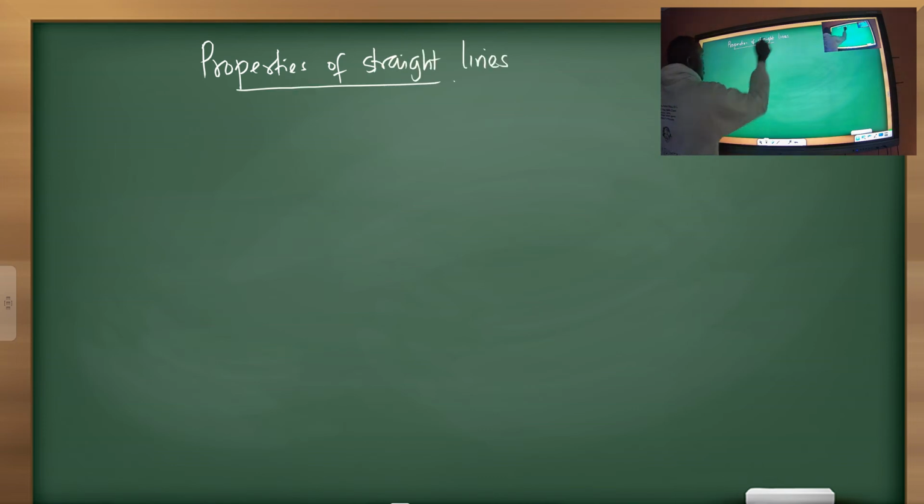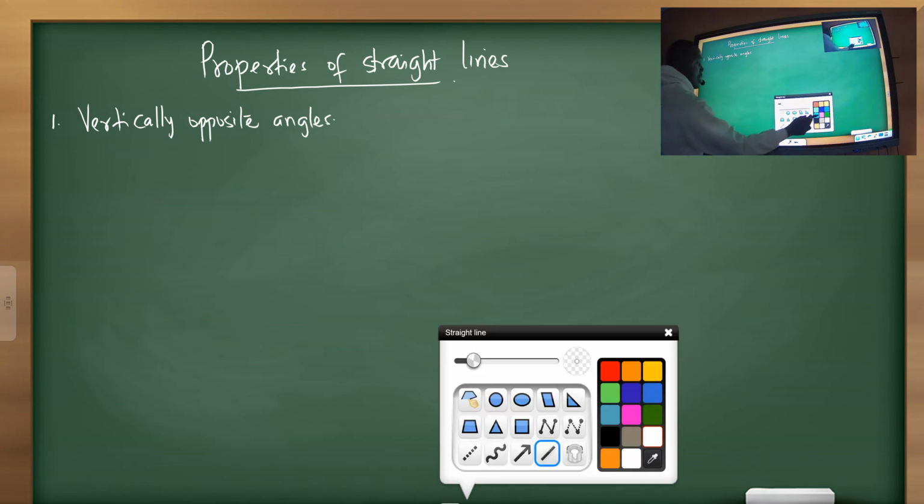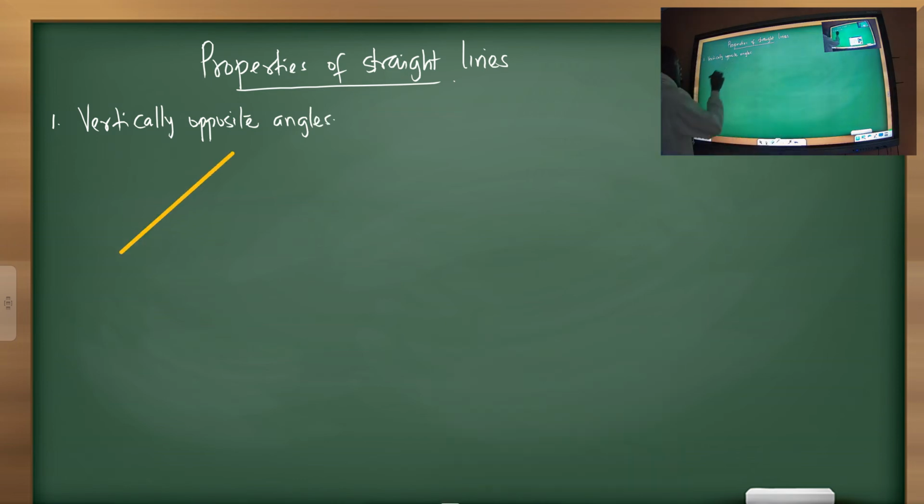Now, we need to know, number one, we talk about vertically opposite angles when we have an X.